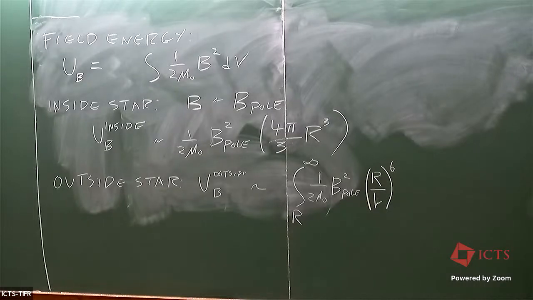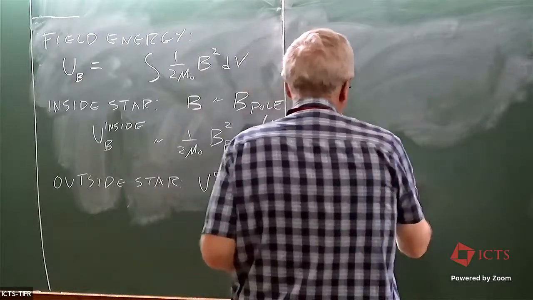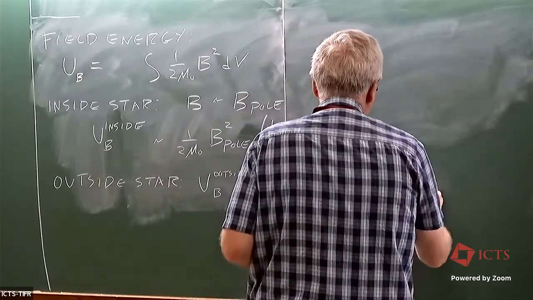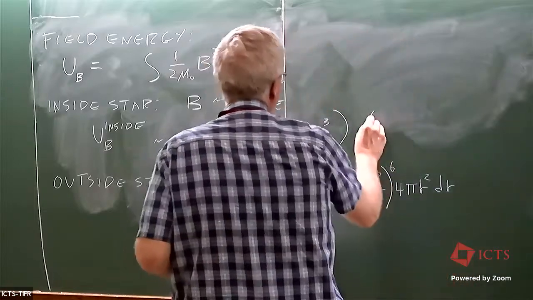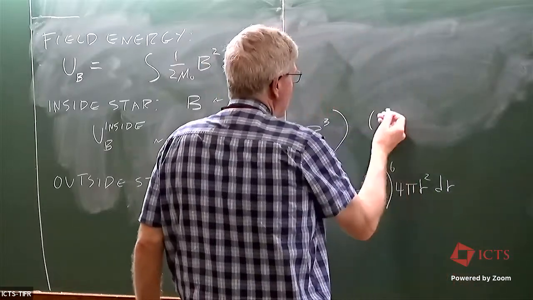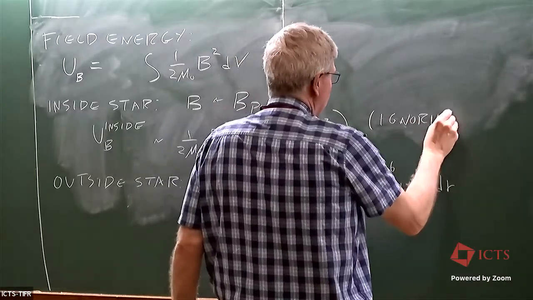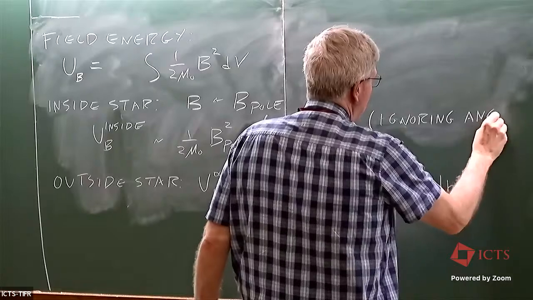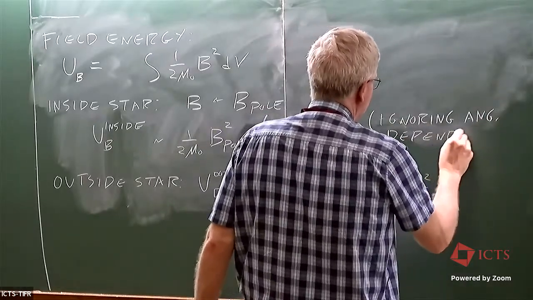So of course the energy falls off very rapidly as we get away from the star. We still have to put in our Jacobian, and in this very simple calculation I'm ignoring angular dependence. You'll do this calculation without ignoring angular dependence and using a more realistic model for the inside field.